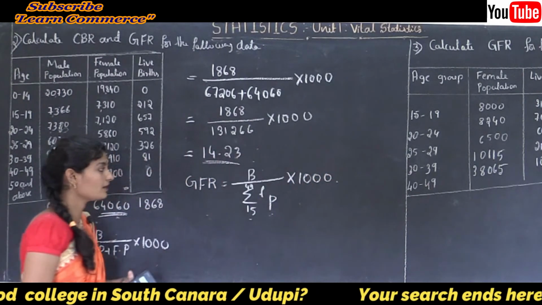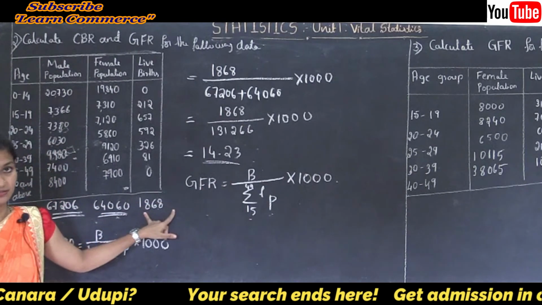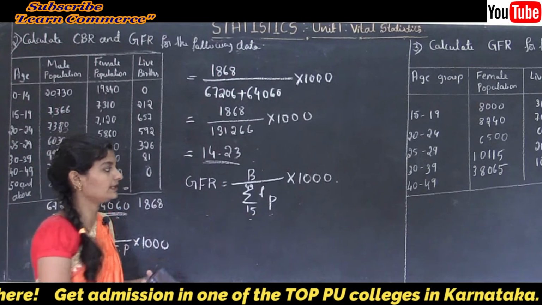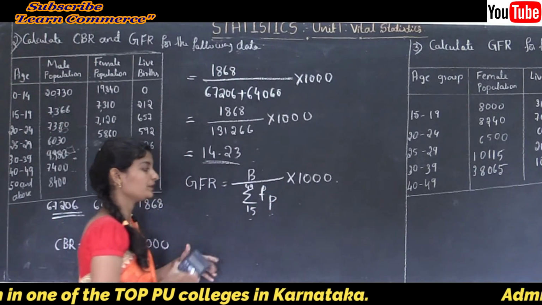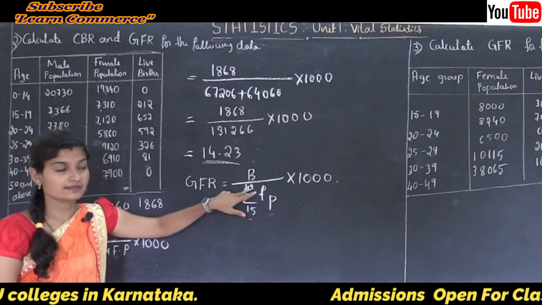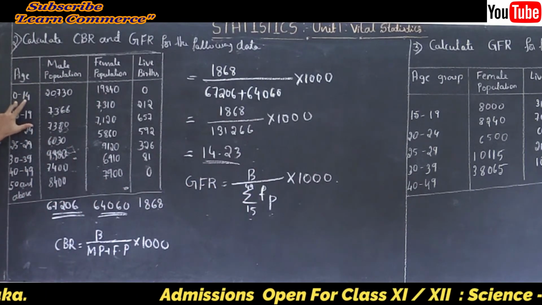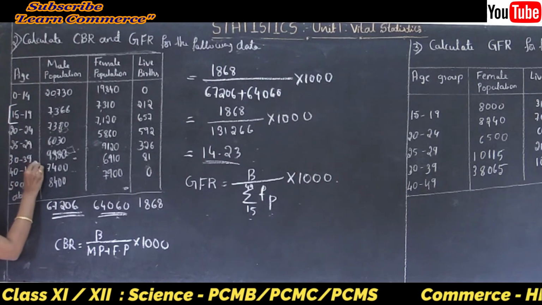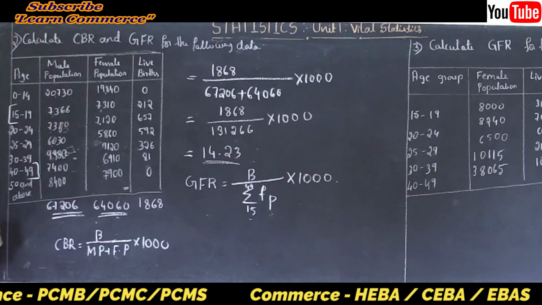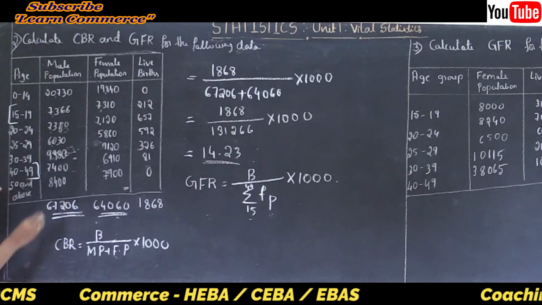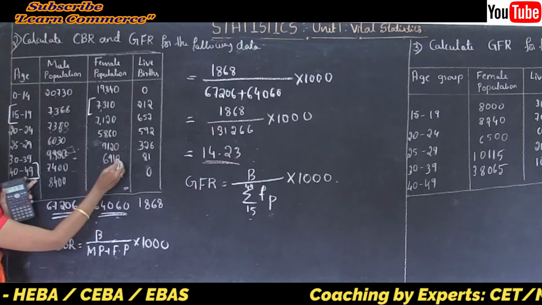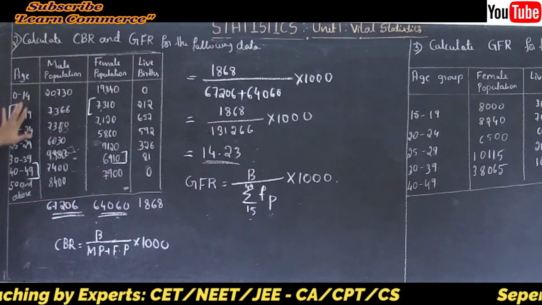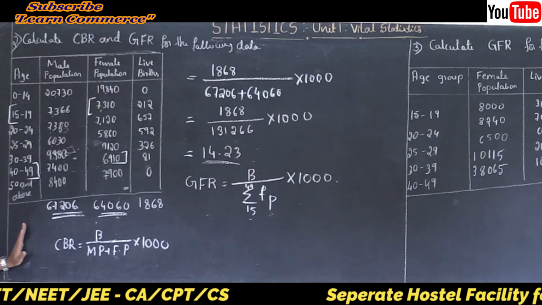We already calculated the totals, but here we need only the female population in the age group between 15 to 49 years. The age groups are given as 0 to 50 and above, but we need only the 15 to 49 years female population, from here to here. We do not need to calculate the 0 to 14 and 50 and above female populations.